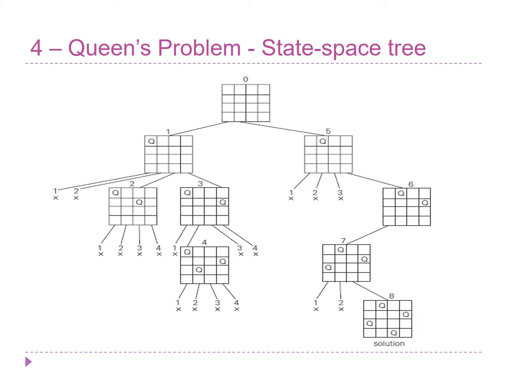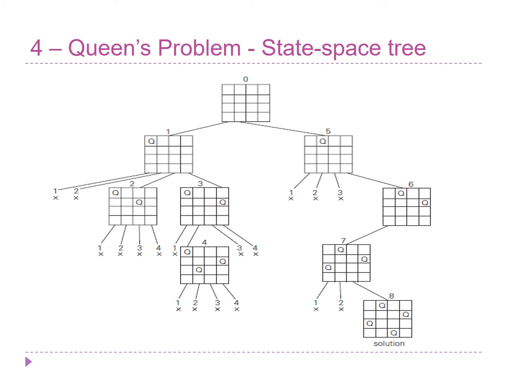Hence, the algorithm backtracks to the root and opts for the next solution path where queen 1 is placed at row 1 and column 2.